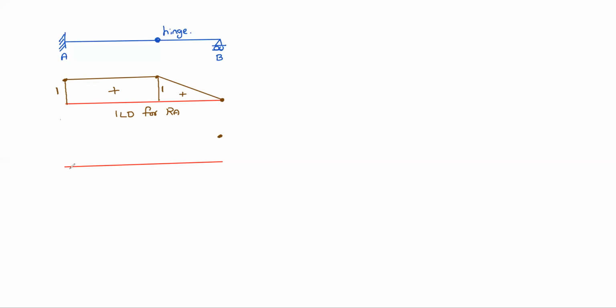That means the beam cannot be either rotated or translated at A. That means from A to the hinge, it will be horizontal only. That means from here to here, it takes this shape, like this. This is 1 unit, so positive. This is B, this is A, this is ILD for RB.